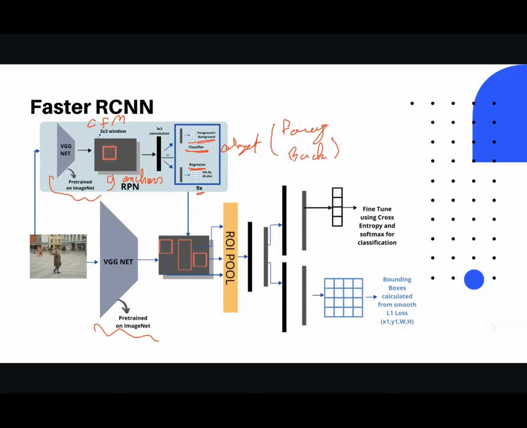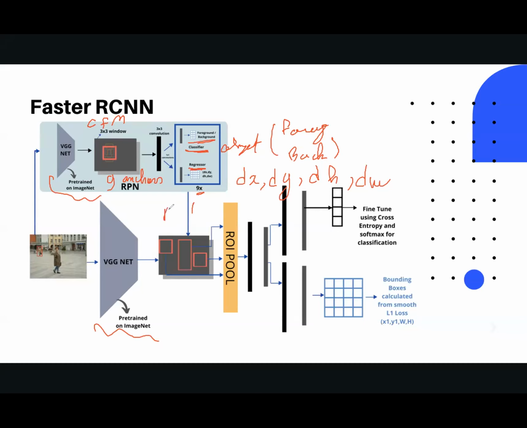For the regressor, it will show us dx, or the improvement over the x, dy, which is the improvement over the y, d height, which is how much should we change the height of the anchor to fit perfectly the object, and then dw, which is how much should we change the width of the anchor to fit perfectly the object.